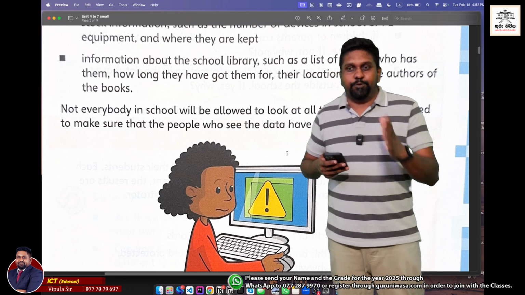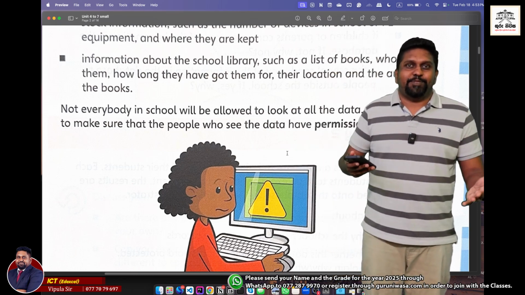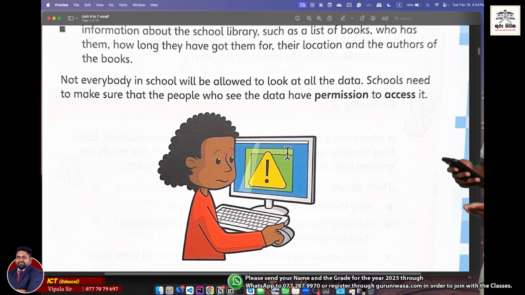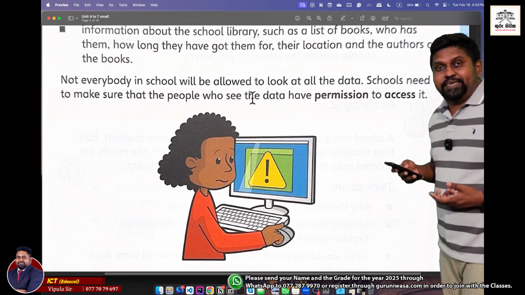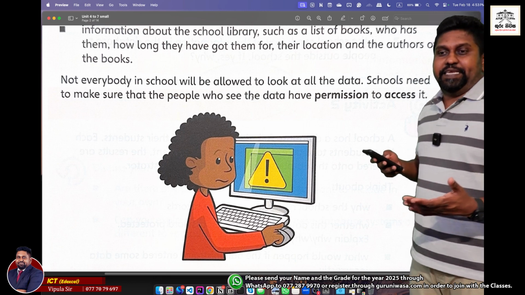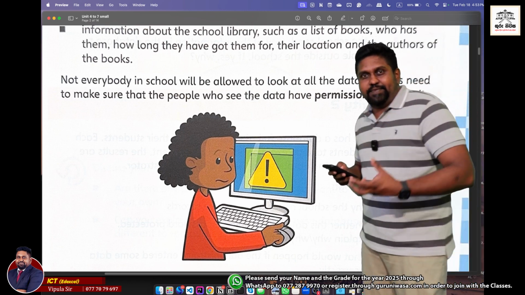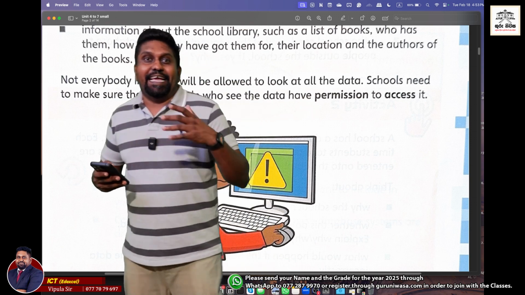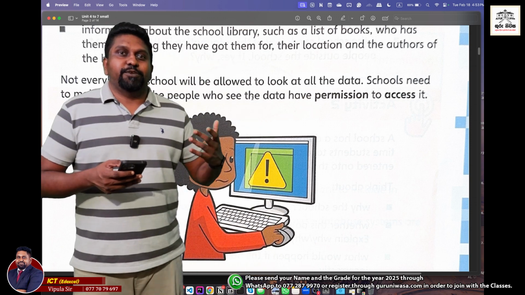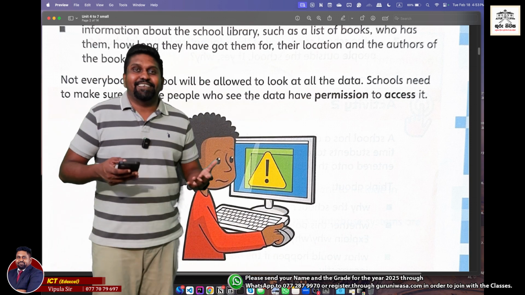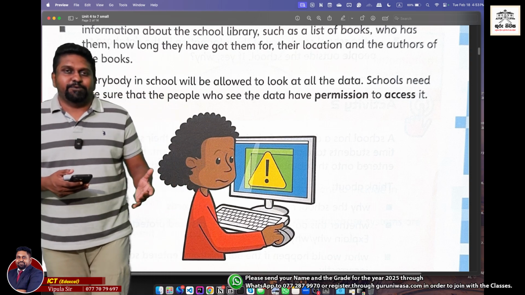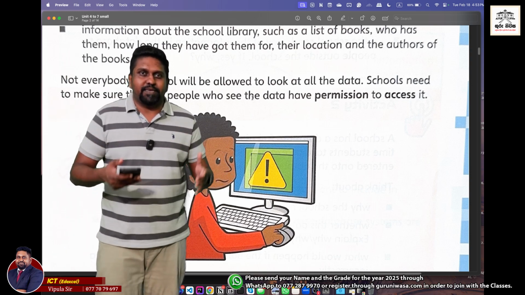Okay, so security, permissions. Obviously, not everybody in the school should be allowed to look at this data, right? So the school must add a certain set of permissions and access restrictions to make sure that unauthorized people, we call them unauthorized personnel, do not get access to it.